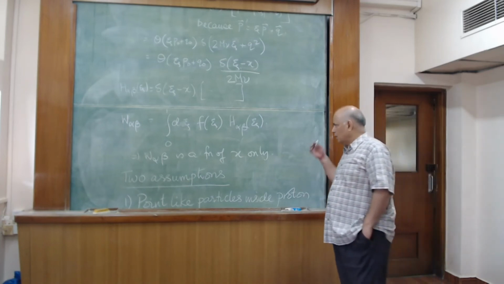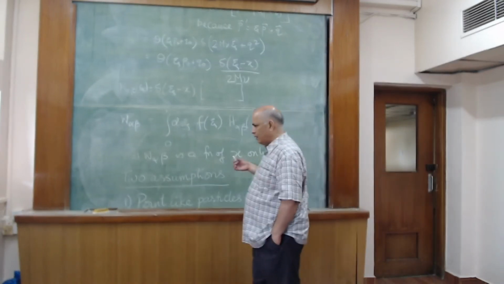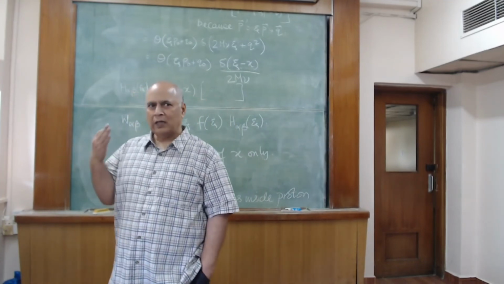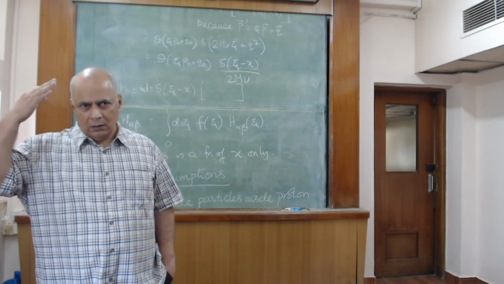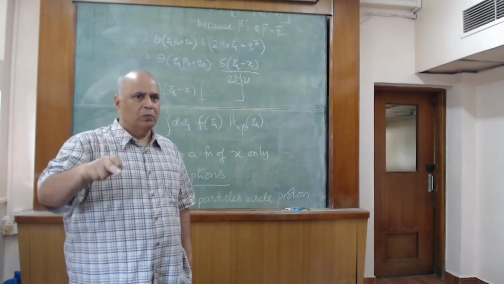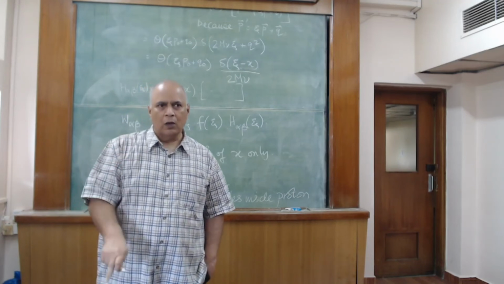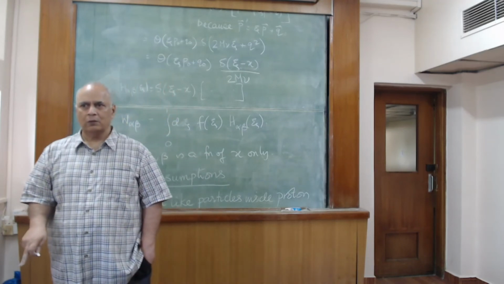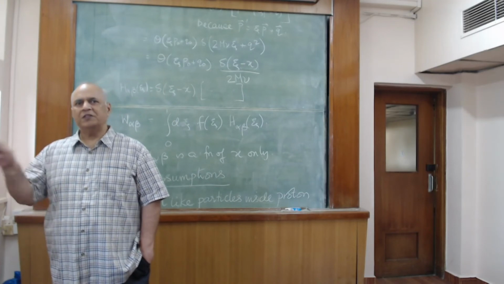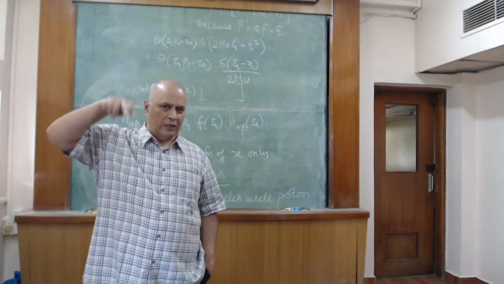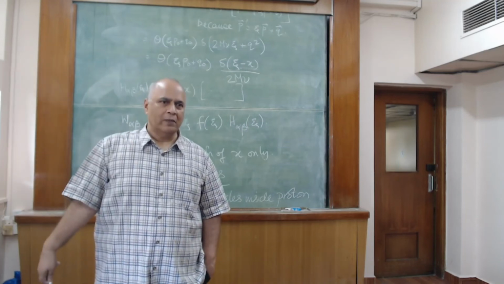So the inelasticity parameter is telling us that my probe interacted with a constituent of the proton which carried a fraction of the momentum that is given by the inelasticity parameter.